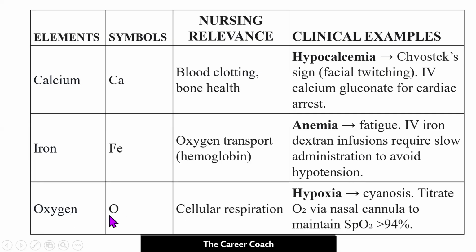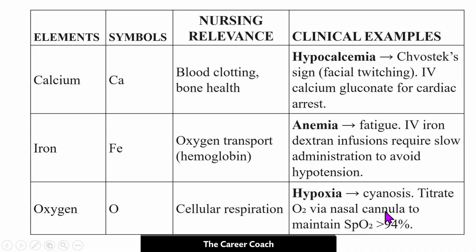Oxygen is given as O. Oxygen is relevant to nurses in that it is responsible for cellular respiration of cells. Clinical example, hypoxia. Hypoxia, reduction of oxygen to organs, will lead to cyanosis. Usually, oxygen is titrated through nasal cannula and is administered to such patients in order to increase their oxygen saturation level.